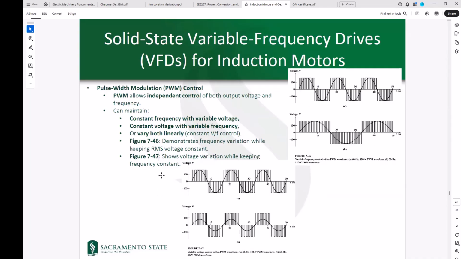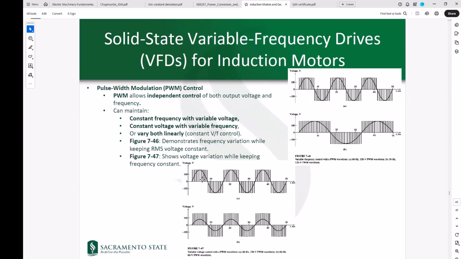In the other figure, 7-47, we have the voltage variations while keeping the frequency constant. Both of these fundamental waveforms have 60 hertz. In one of them, we have 120 volts, and on the other, we have 60 volts RMS value.